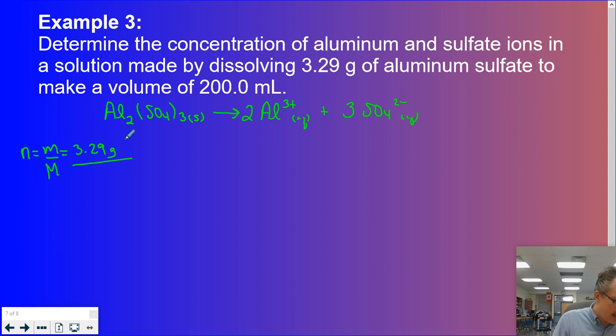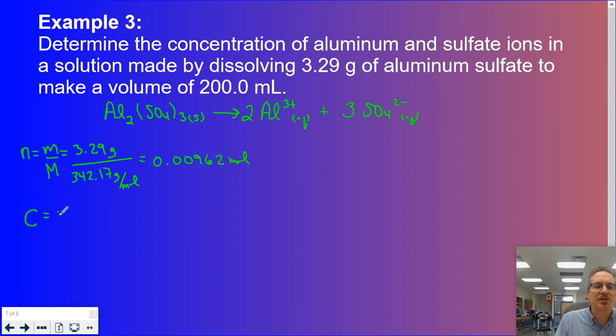My molar mass is going to be 342.17 grams per mole. So I'm going to go 3.29 divided by that answer in my calculator. I have 3 sig digs, so I have 0.00962 moles.